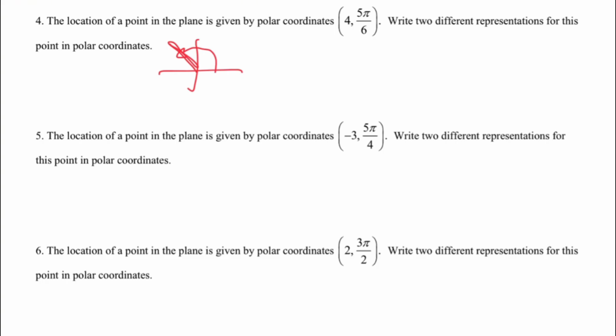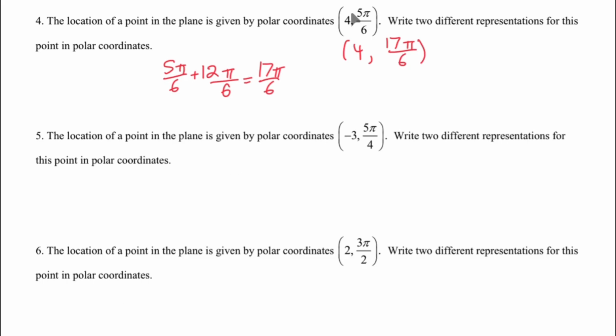If you add 2 pi, that's basically just adding 1 rotation. You'd end up at the same place. We can add 2 pi to 5 pi over 6, so we have to multiply both by 6. 2 times 6 is 12. That gives us 17 pi over 6. So another way to write it is 4 comma 17 pi over 6.